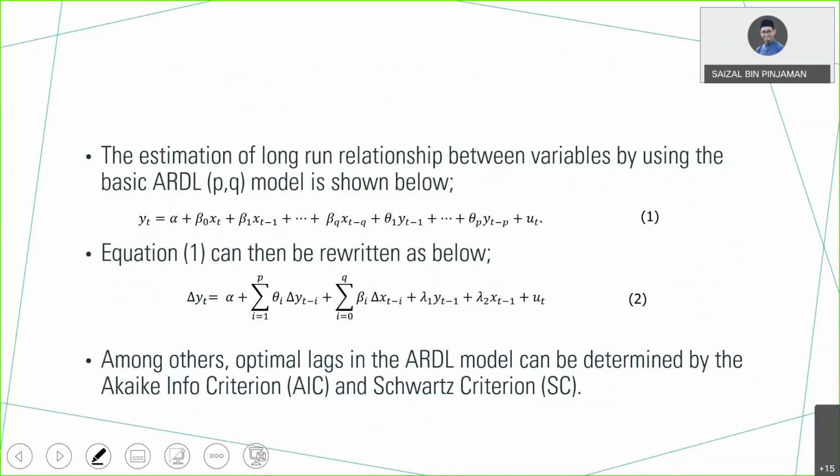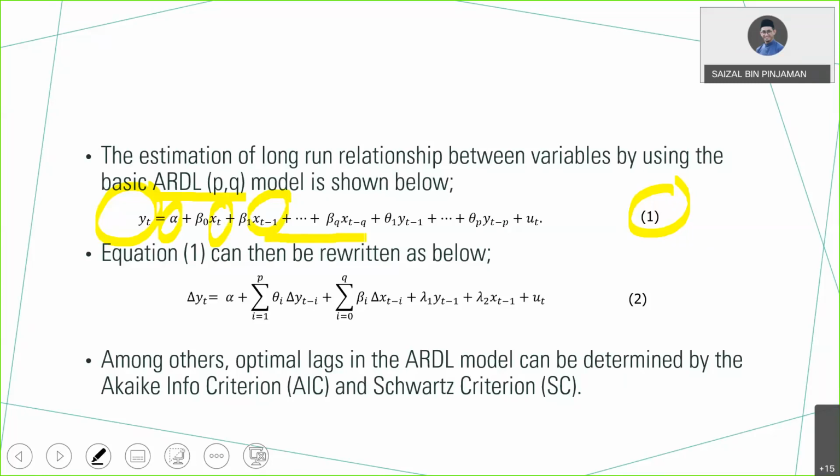So the estimation of the long-run relationship between the variables by using the basic ARDL(p,q) model is shown in equation 1, where you can see that our dependent variable is explained by an intercept, the dependent variable at the present period of time, as well as the dependent variable in lag values from lag 1 to lag q in this case.